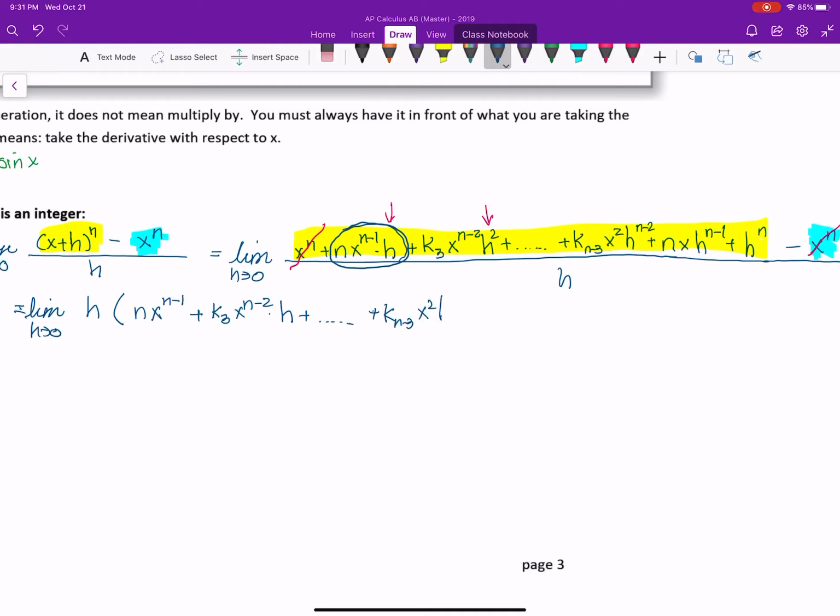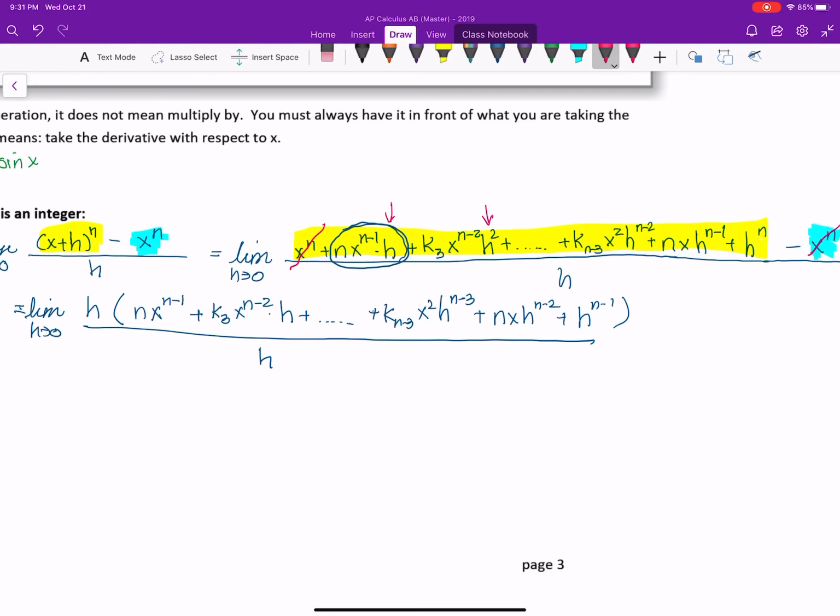But don't forget we factored out an h, so this one becomes n minus 3 instead of n minus 2, plus the second to last term is n x h to the n minus 2, and then the very last term is going to be h to the n minus 1, all over h.